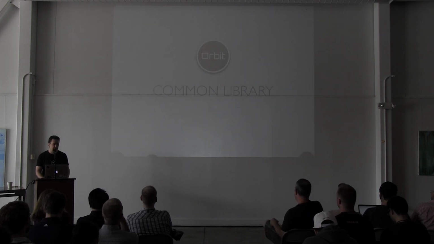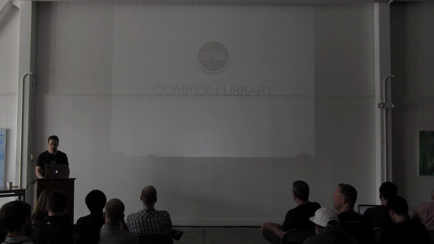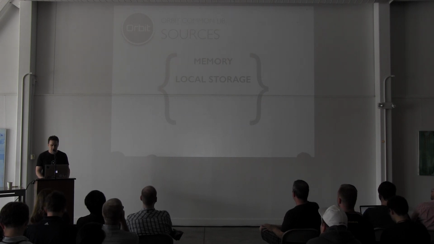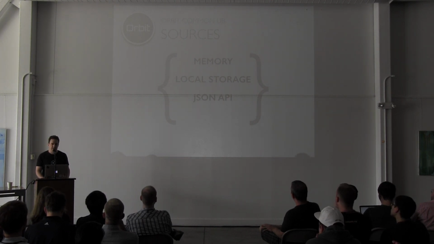Orbit sources, and Orbit itself is pretty primitive, which is why I composed them into a common set of sources in a common library. This is kind of a minimum viable library at this point. It has a memory source, a local storage source, and a JSON API source for communicating with a RESTful interface that supports JSON API.